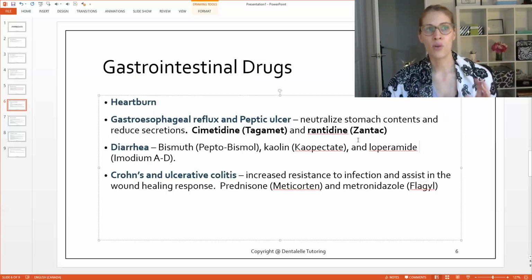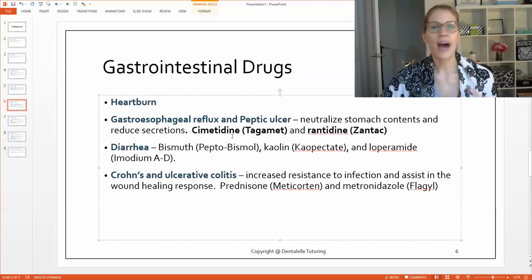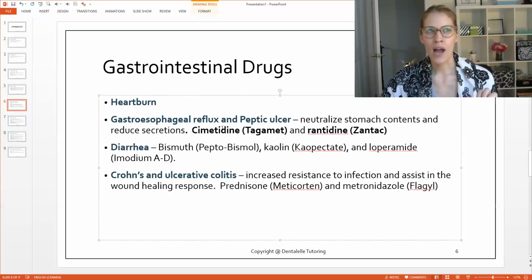So remember, on the board exam, let's say you see this one here, cimetidine. Even if you have no idea what that is, having looked at these slides, you may say, okay, I remember that wasn't heartburn. It had nothing to do with Crohn's or ulcerative colitis. I can't remember.